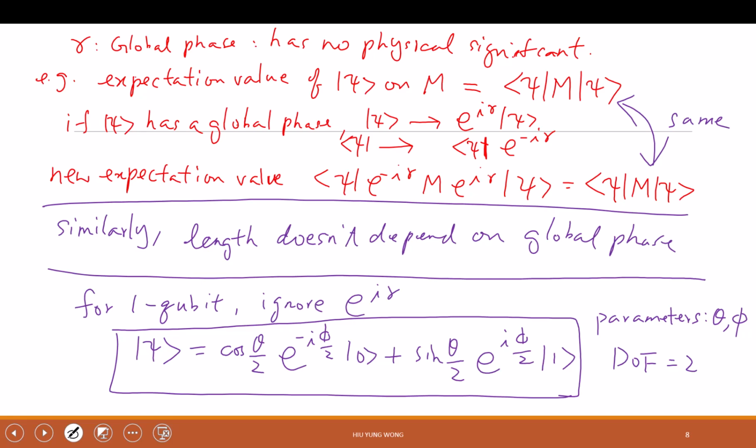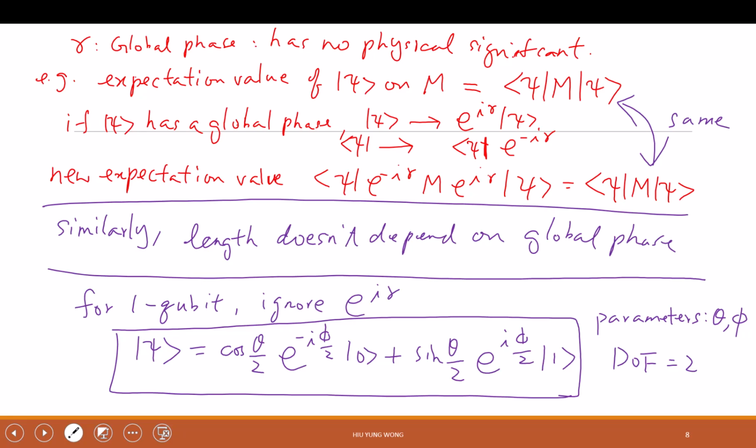So if it is 2, I can put it in a 2D space because it only has 2 degrees of freedom. But remember, this is a complex space we cannot see. This is a complex number. You cannot map it in the real space that we're living in. So you cannot have a table and put a qubit.